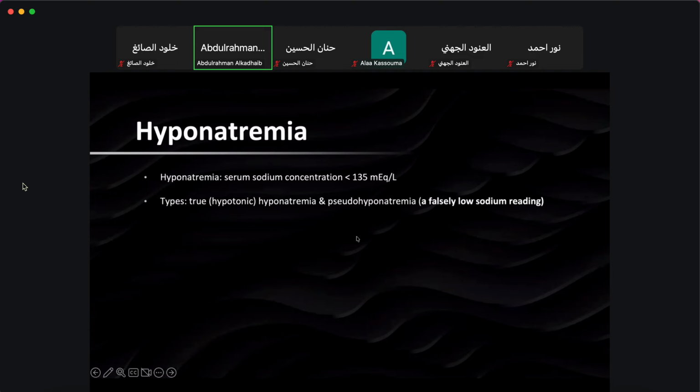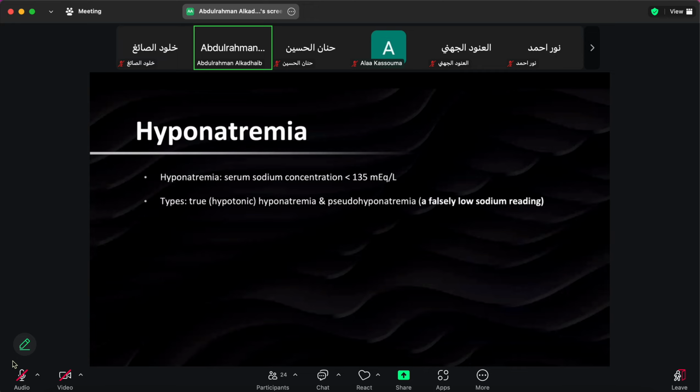So can any one of you tell me what we mean by the osmolality level? Any idea? It's the percentage of the sodium particles corresponding to the volume. Yeah, you're very close.